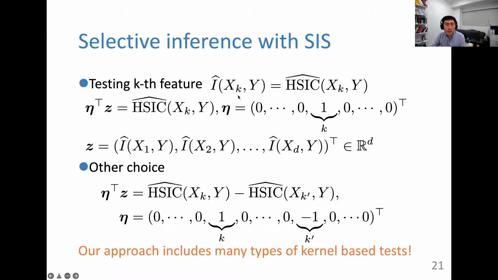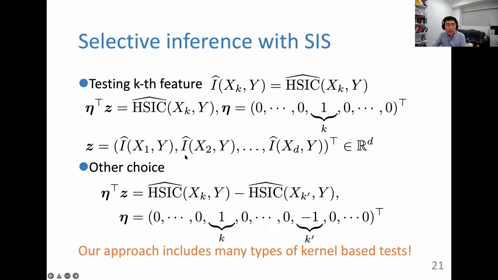This can be written this way, and because Z is a set of HSIC values for the features, we simply set eta to the one-hot vector, where only the k-th feature is 1 and 0 otherwise. Then we can represent this HSIC statistic this way.